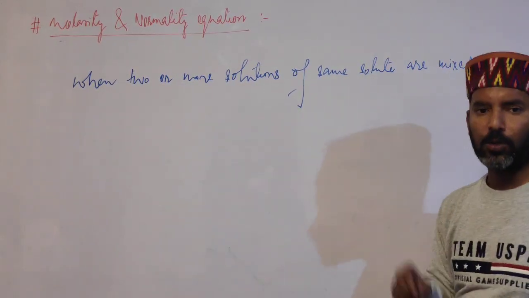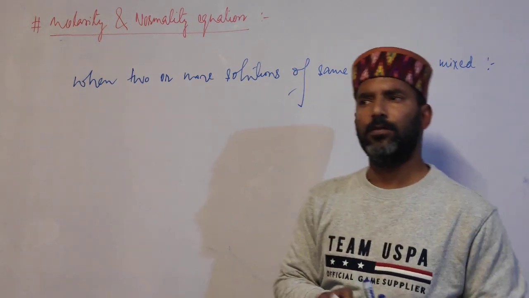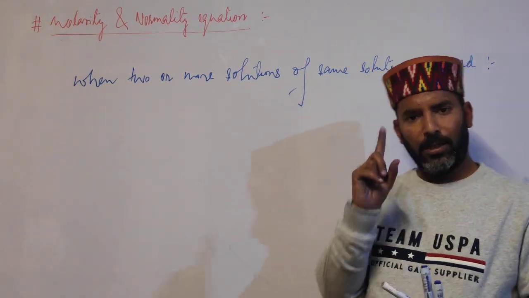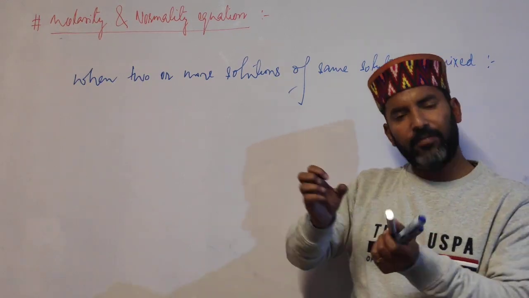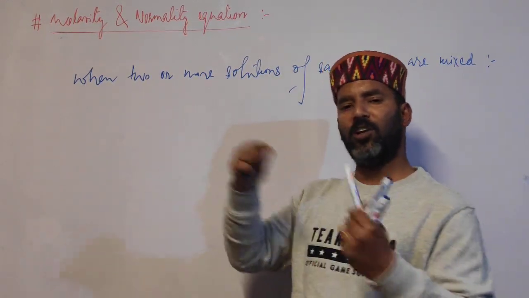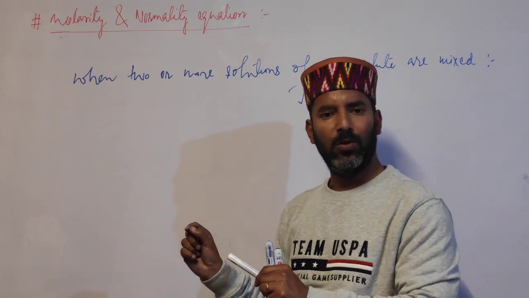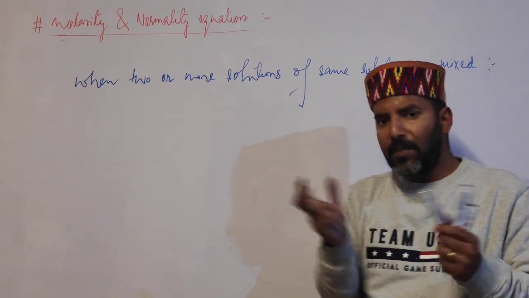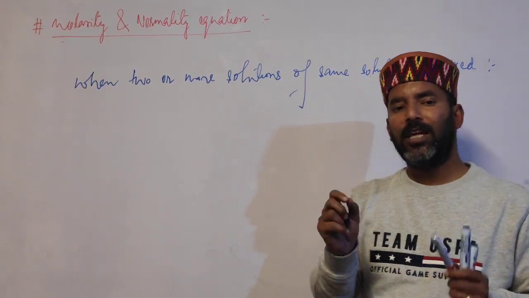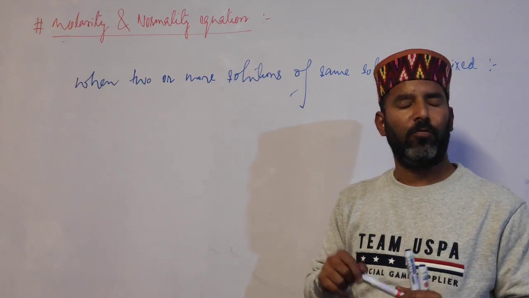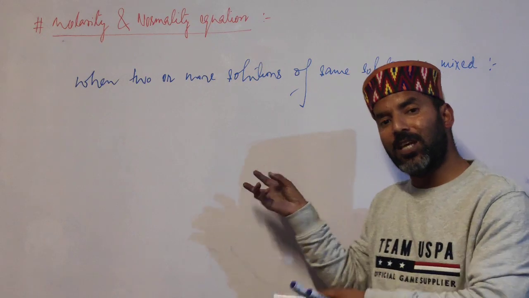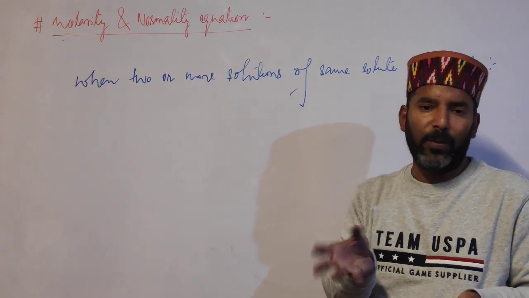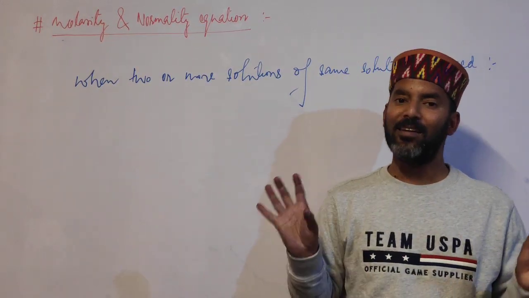But students, here also, say I have a solution 1, it has moles of solute N1. I have another solution 2, it has number of moles of solute, say N2. Now if I mix these two solutions, then the resulting number of moles will be N1 plus N2. So in the final solution, how many moles will there be? N1 plus N2, because the number of moles remains the same.